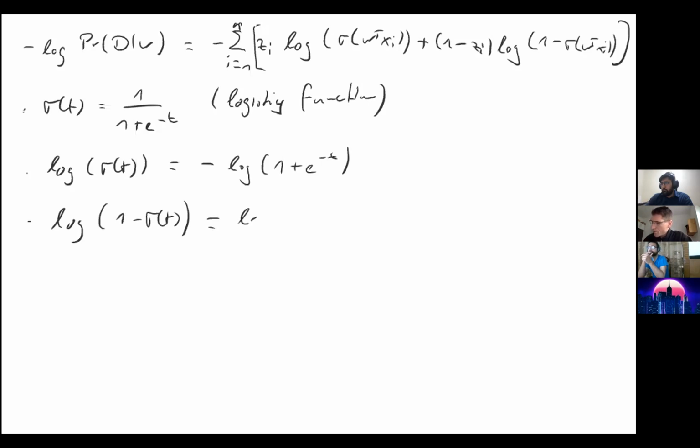And this logarithm is, you just plug that in and you see that this is the logarithm of e to the minus t divided by 1 plus e to the minus t, which is, it's an easy calculation, but you should have done it once.